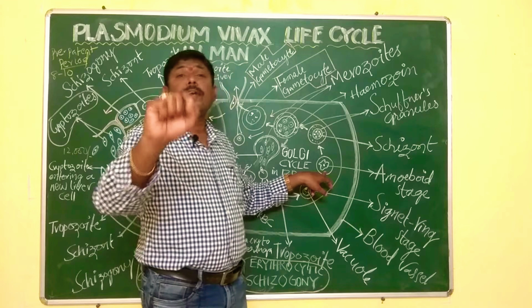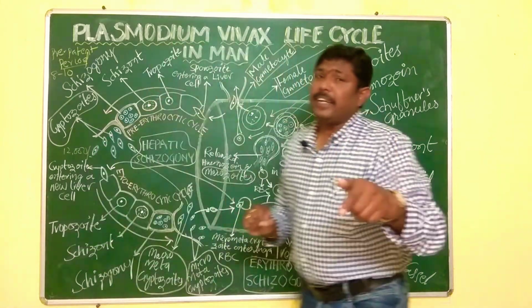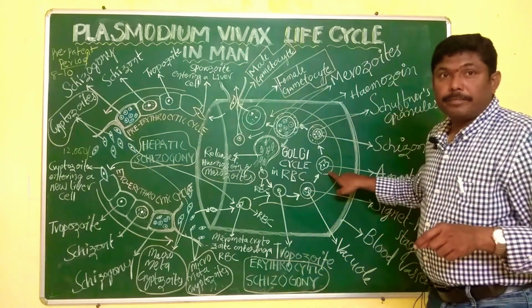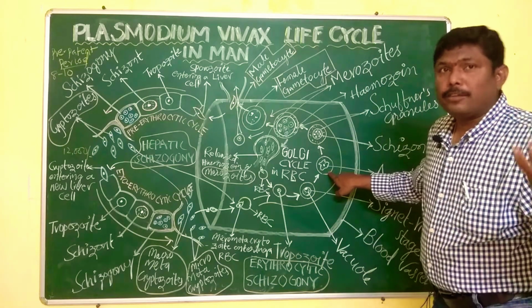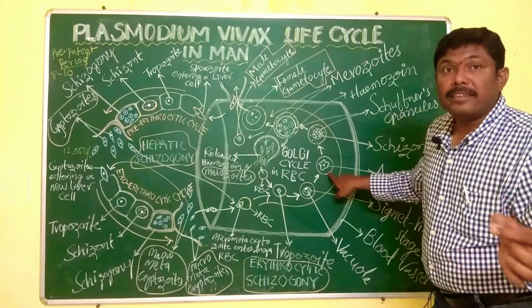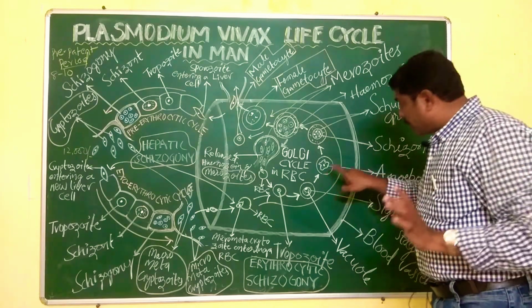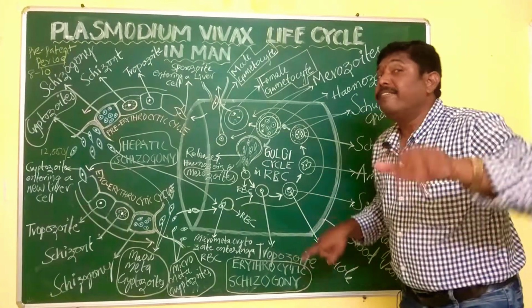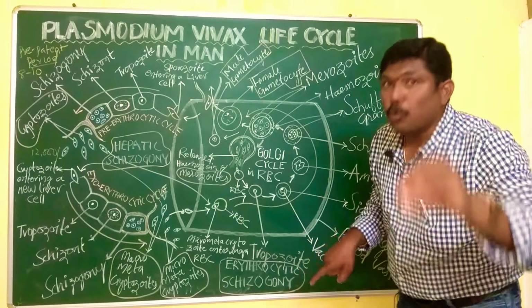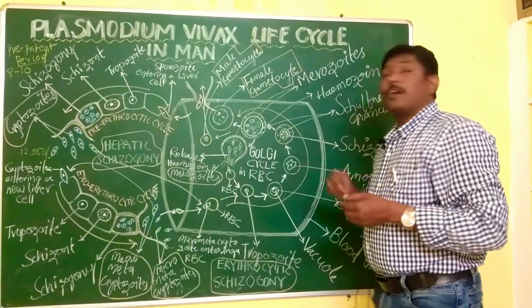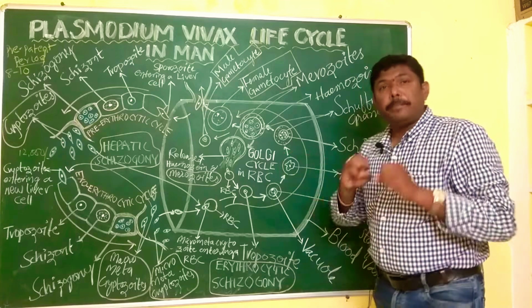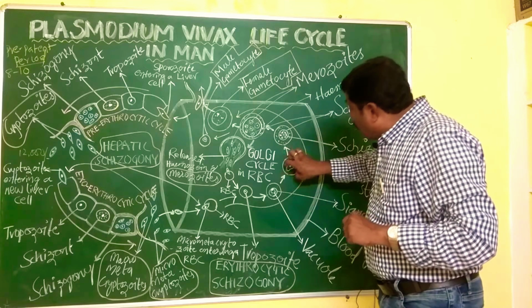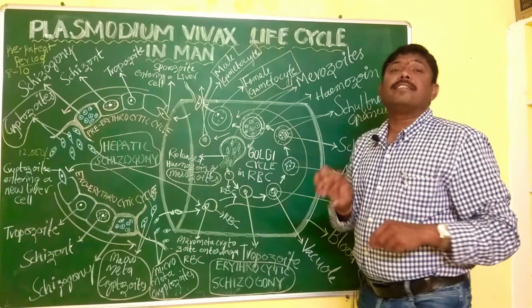In this amoeboid stage only, it feeds on the content which is present in the RBC. That substance, we already know, is hemoglobin. That means in amoeboid stage, the plasmodium feeds on the hemoglobin. As a result of that, the RBC becomes pale in color, and at the same time, it also increases its size.